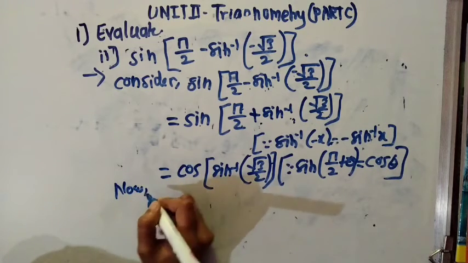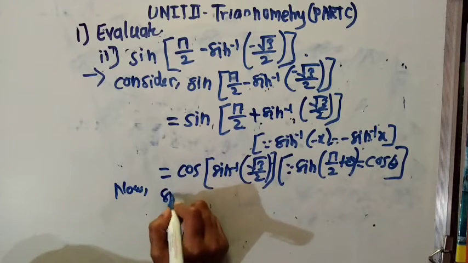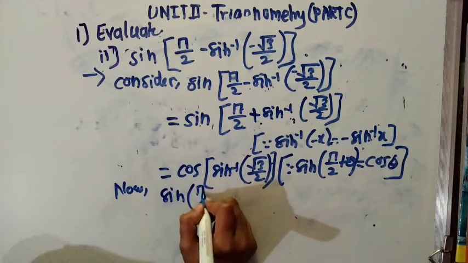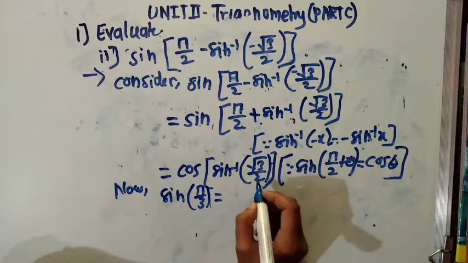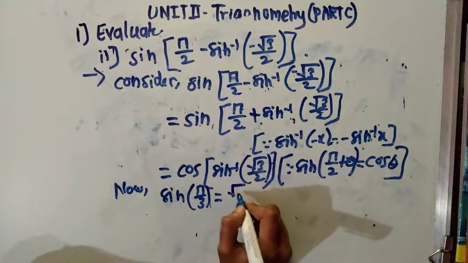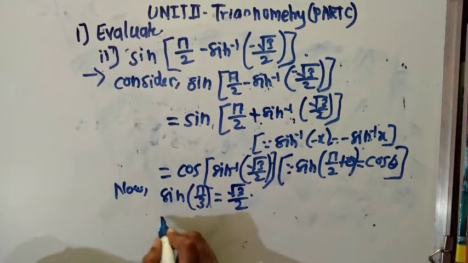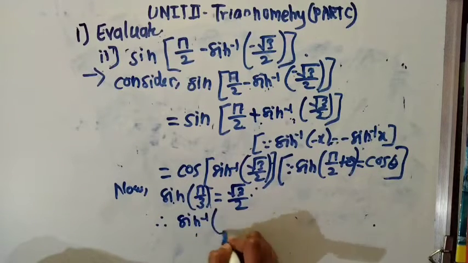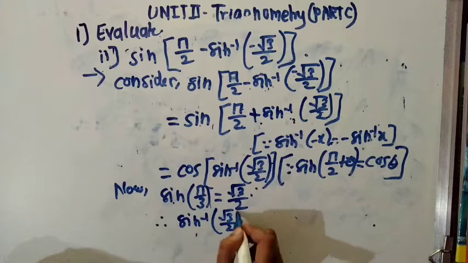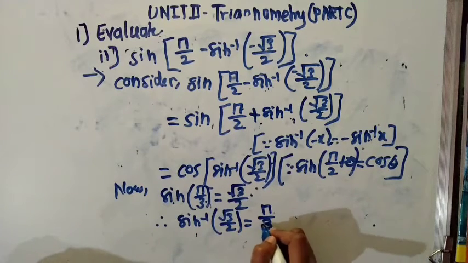Now we know that sin pi upon 3 is equal to sin 60 degrees, which is root 3 upon 2, so sin inverse of root 3 by 2 is pi upon 3.